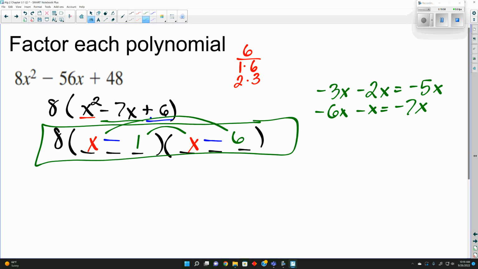It is a part of the answer. So just turning this in as x minus 1 times x minus 6 without the 8, on the homework, we'll see, I may not take off too much for that, but that would be a whole point on the test if it's asked for factoring. Any questions on this here?